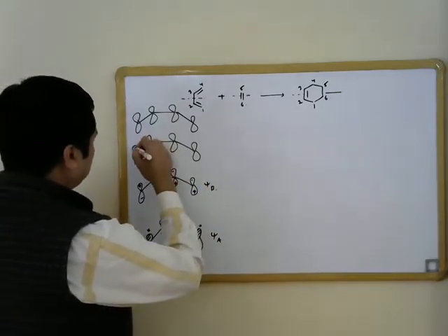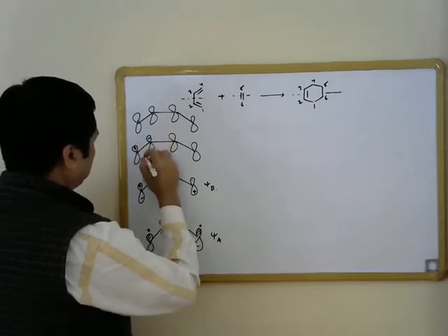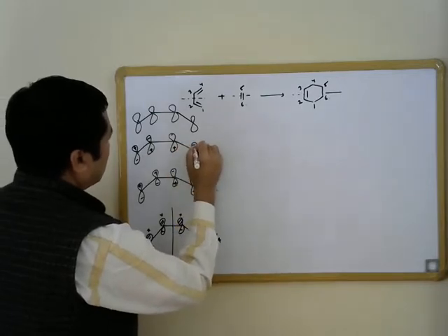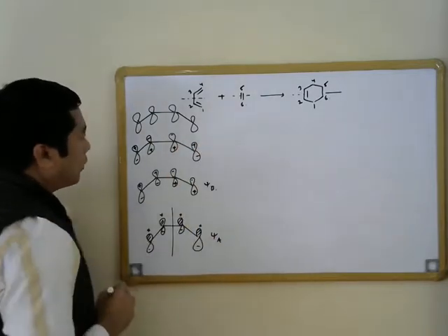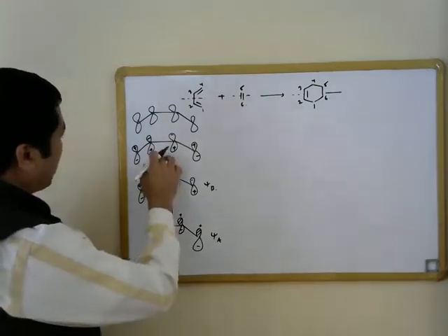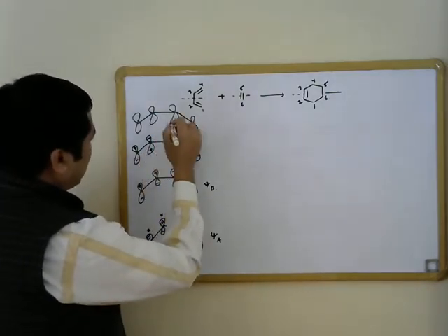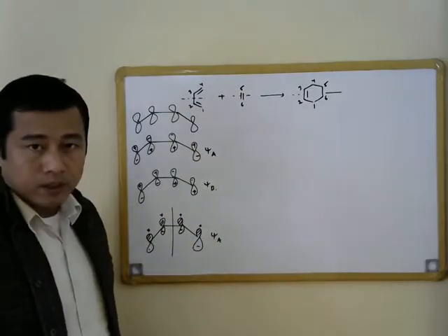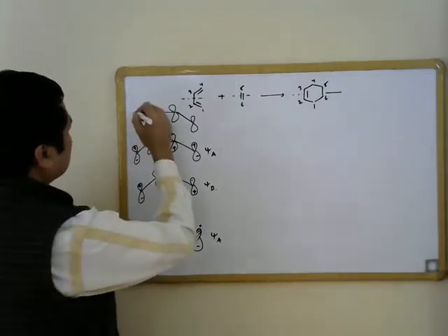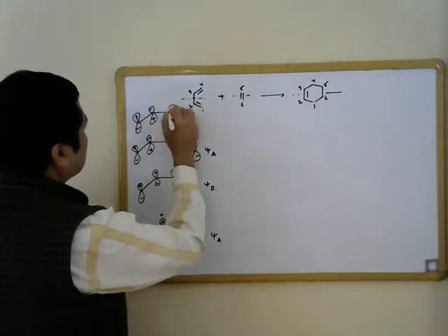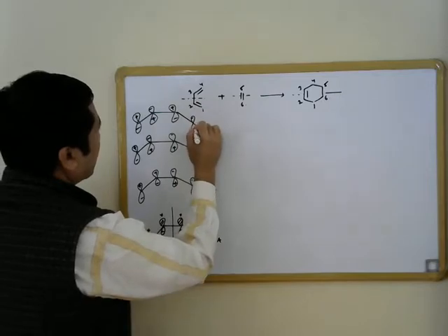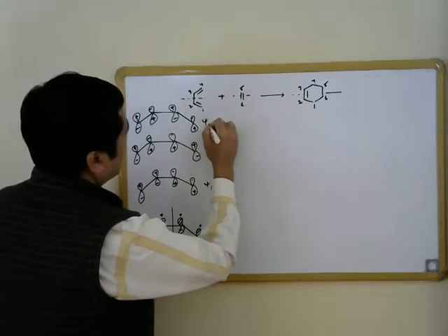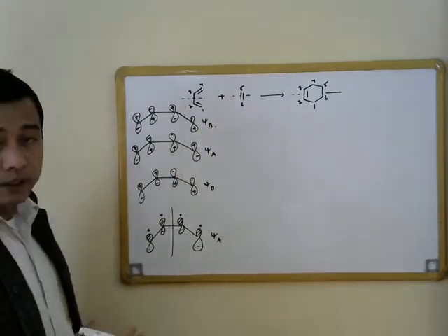Then we have a molecular orbital with 2 nodes, and in this case again this is symmetric with respect to the sigma over here. The last one is the completely antibonding molecular orbital of butadiene, and this is again antisymmetric with respect to the sigma plane over here.